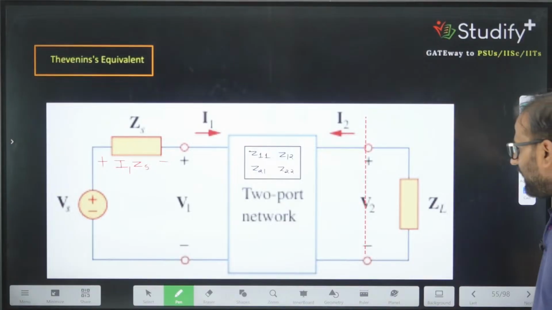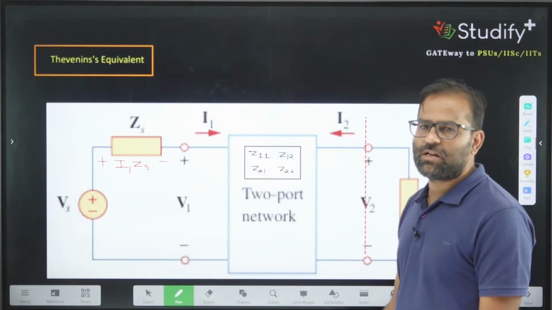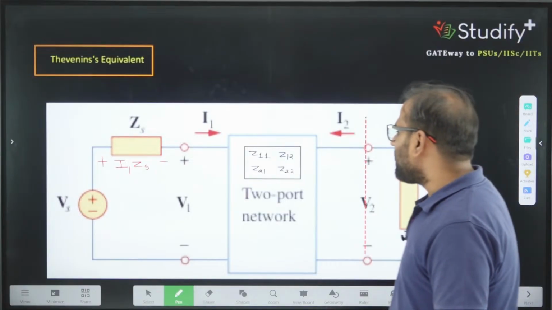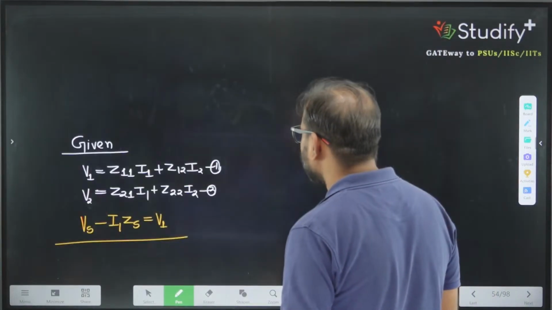And if we remove the load from the circuit, we don't know what V2 and I2 are. So let's calculate this. Suppose you are interested in the Thevenin's equivalent, how does Thevenin's equivalent work?